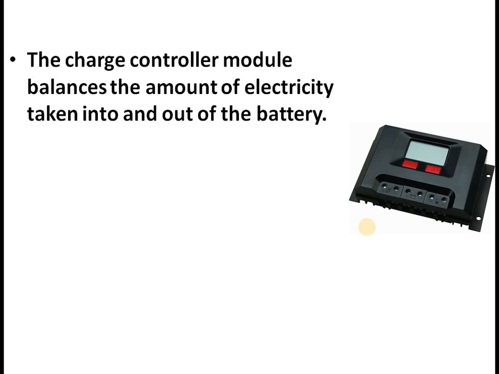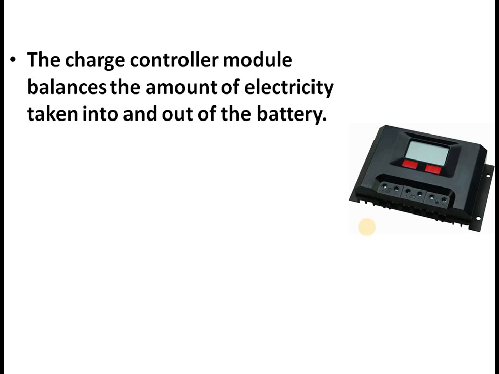And charge control also balances the amount of electricity taken into and out of the battery. It means that when you switch on the circuit for your application, battery should give us constant current. Instead of giving a surge of current, a sudden high current, that is called surging, it should give us current constantly throughout the time.